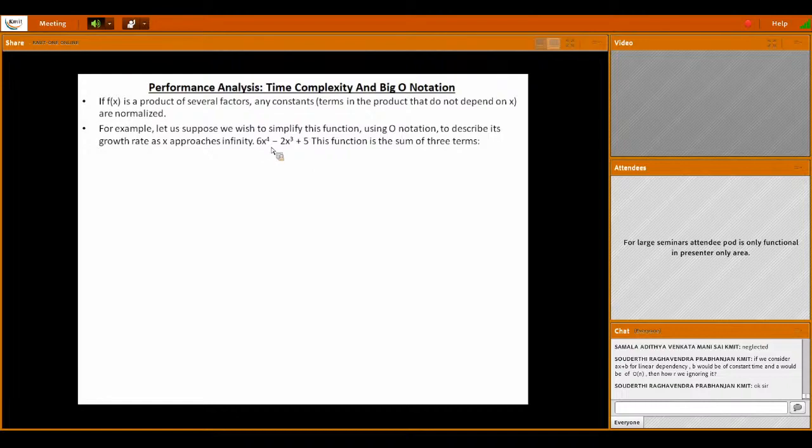So there are three parts here: 6x to the power of 4, 2x cube and 5. Which is the most significant here, if I ask you? x to the power of 4, Meghana, Rohan, x4, 6x4, Durga Prakash. Okay, others hold on, 6x4 and x4.